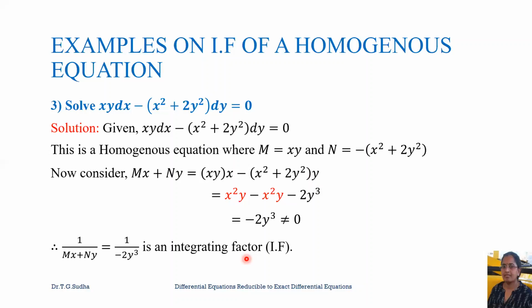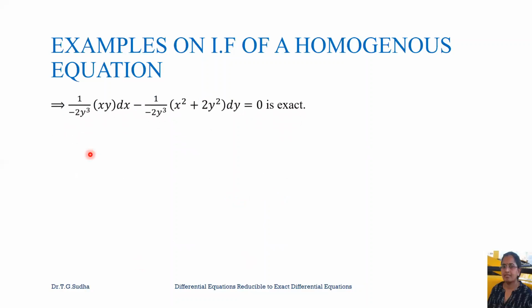Now let us multiply the given differential equation by the integrating factor 1 over minus 2y cube to get minus 1 over 2y cube into xy dx minus of minus, now it becomes plus 1 over 2y cube into (x square plus 2y square) dy equal to 0.